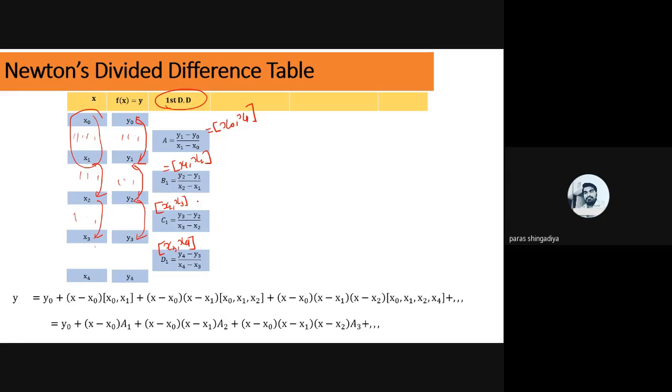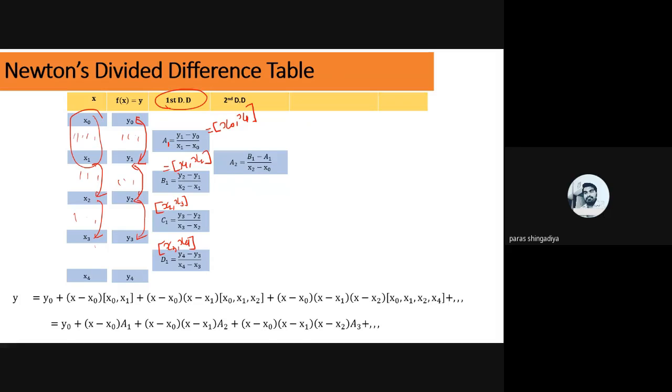Okay, and now you have the 4 new values, a1, b1, c1, and d1. So how can we get a second divided difference? It will be, the numerator will be b1 minus a1, divided by, and now this covers x0 to x2.